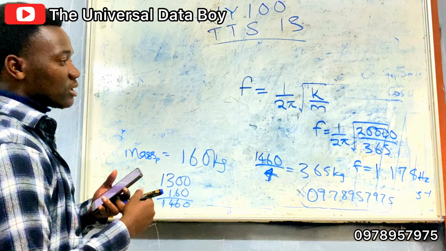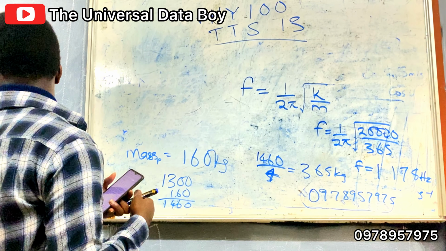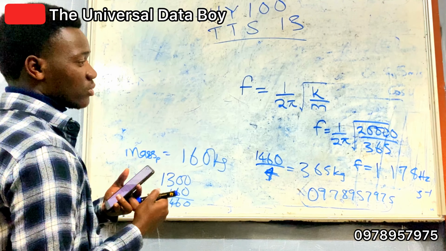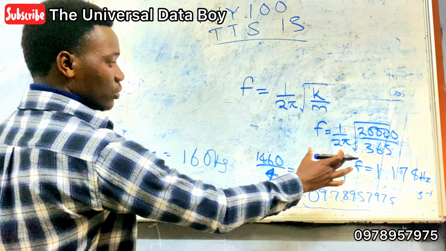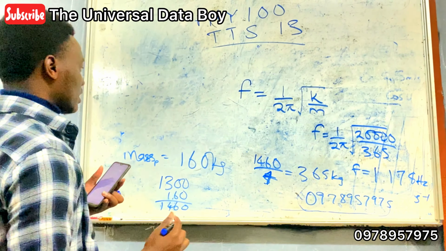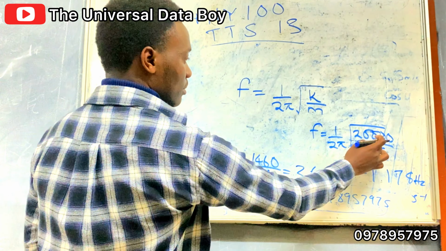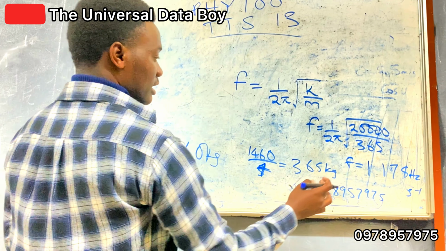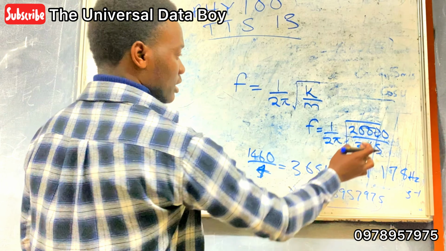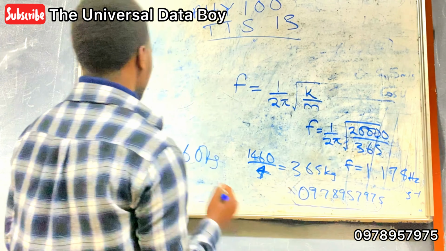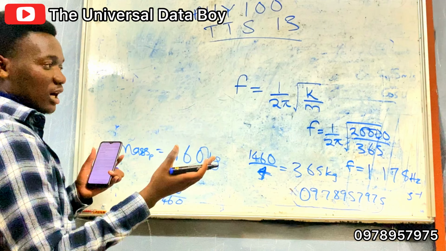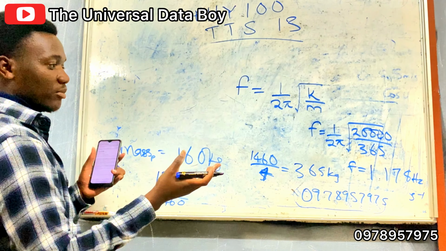So what we're going to do is find the effective spring constant. We're going to multiply this 2,000 by 4. That's simply adding this 2,000 four times, because the springs are actually in parallel, not series.